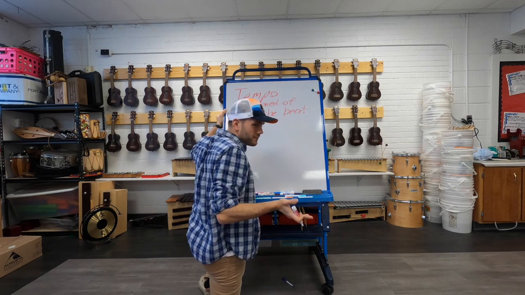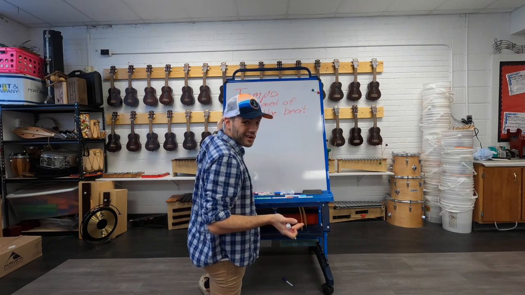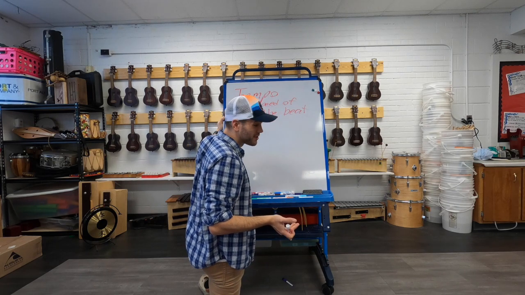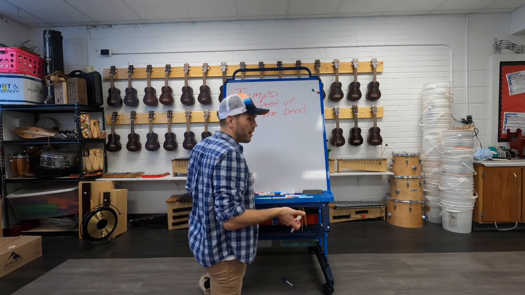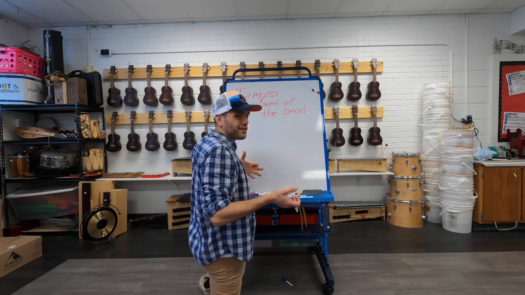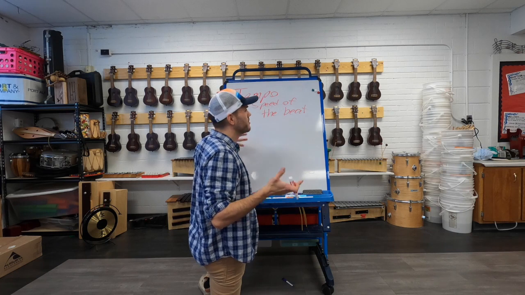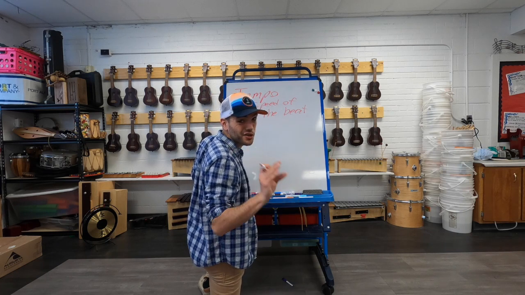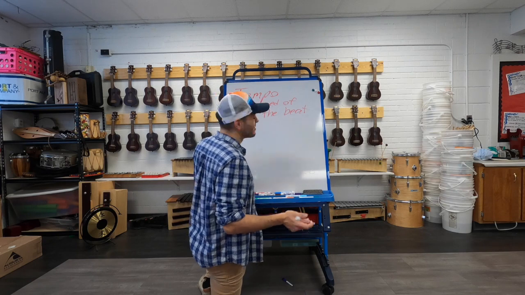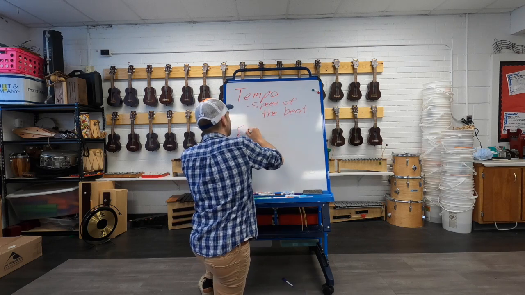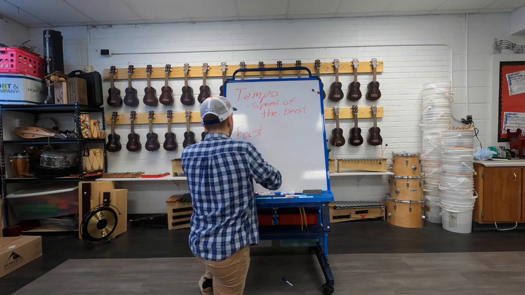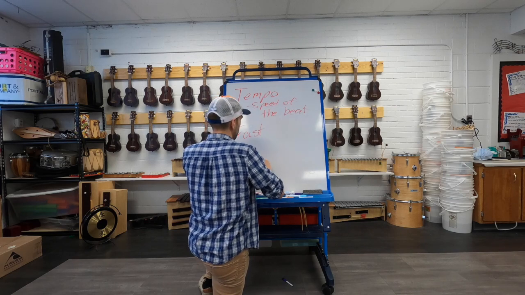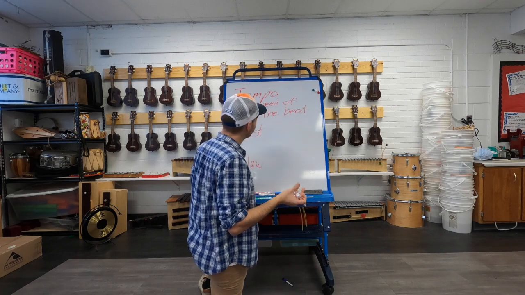Now, there are a lot of Italian words for different tempos, right? We have largo, allegro, all these different words, and there's so many. So for today, for the sake of this video and keeping it shorter, we're only going to use the words fast, slow, or getting faster and getting slower.